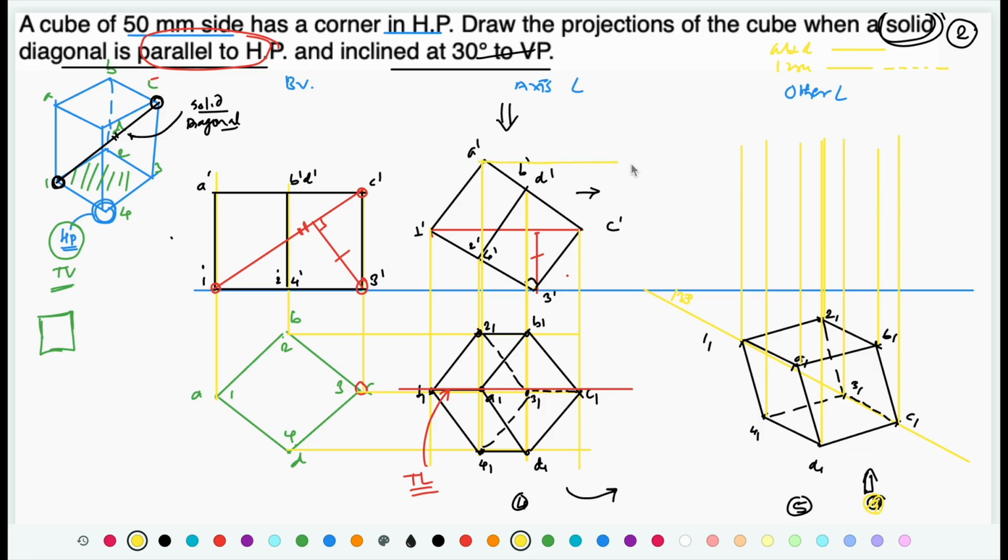Take projections from this second front view as well, and now mark the intersection points.